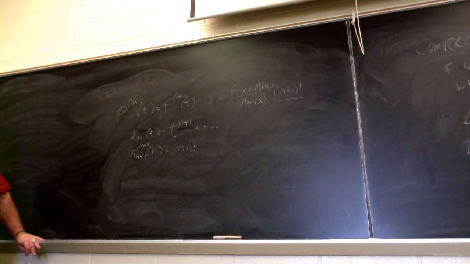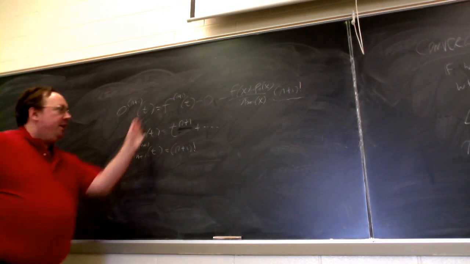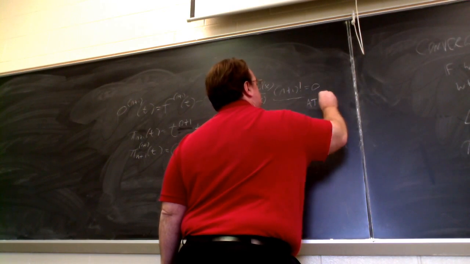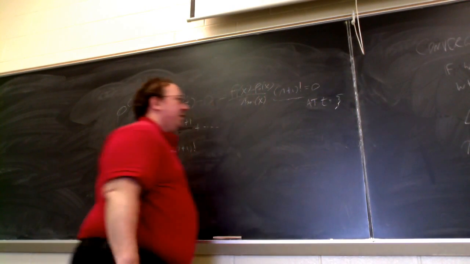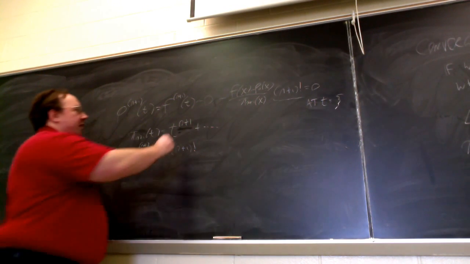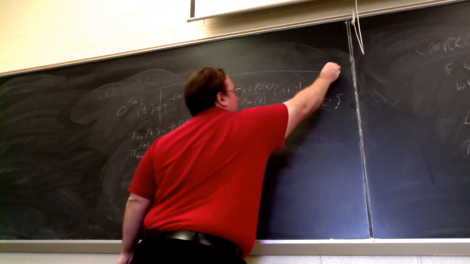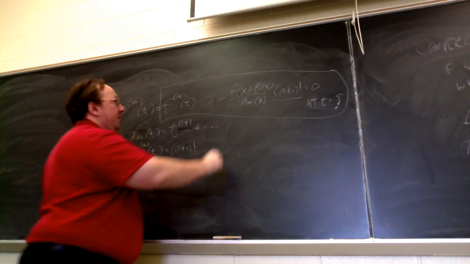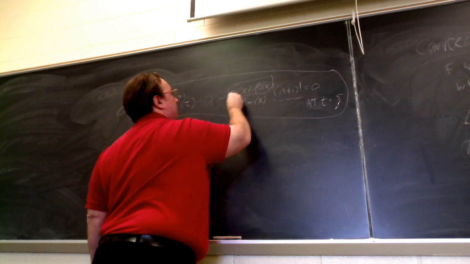But now I know that this whole thing is equal to 0 at t equal to this unknown point c. So now I can take this equation and solve it for this, because this is the error.